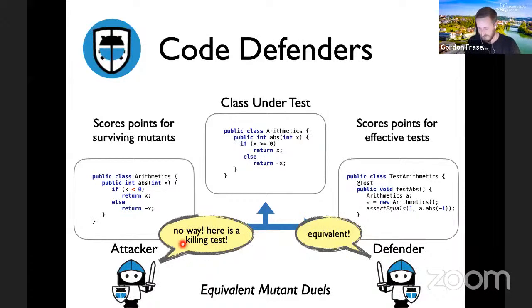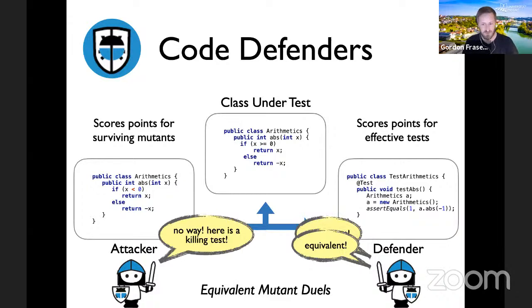The terms killing a mutant originate from mutation testing. So these are the actual terms used in mutation testing. Code Defenders is by no means an actually violent game. Using a test case, you can prove that a mutant is not equivalent, but maybe it could also be a strategy to produce equivalent mutants on purpose to lay the defenders astray.